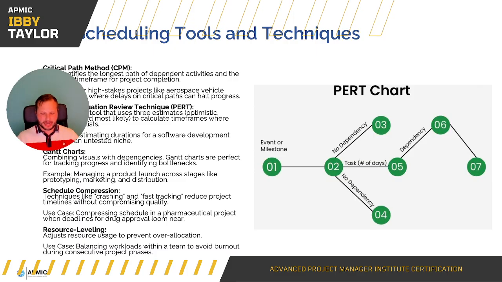And resource leveling. Adjust resource usage to prevent over-allocation. It's about looking at the resource that you have available and looking at what percentage of their time you are taking. This is prevalent especially in things like software development. You assign tasks, you work out what your tasks are, and a rough idea of time. So, okay, I've got this task, this is 2 hours. I've got 4 of these tasks, I'm going to give them all to person A, all on one day, and then someone else gives them more tasks.